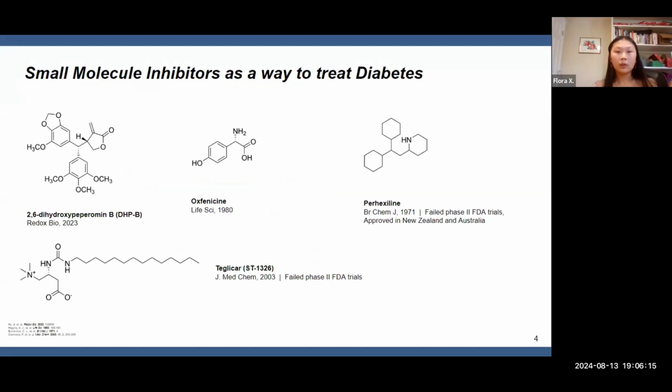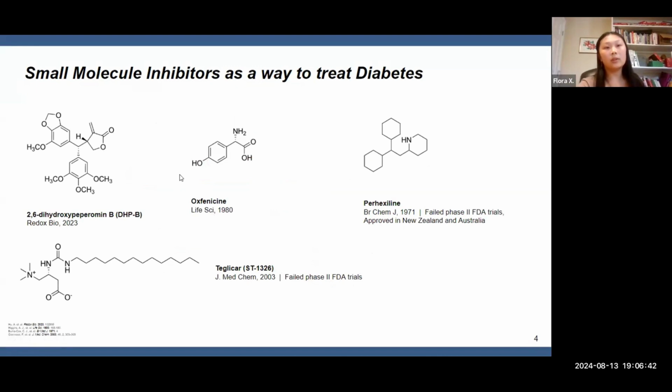Now, for diseases where fatty acid oxidation metabolism is crucial, such as type 2 diabetes, inhibition of the CPT1 system can treat dysfunction in fatty acid metabolism. In fact, many small molecule inhibitors have been developed as a way to treat diabetes, including the one shown on the screen here.